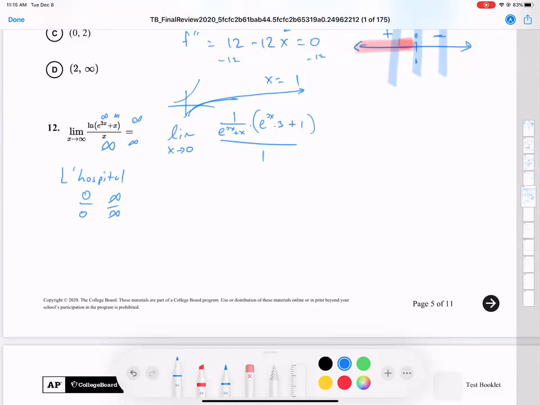Now we're going to plug in infinity again. What is 1 over infinity? That's just 0, isn't it? Sorry, 1 over infinity is 0. So 0 over 1 is 0.